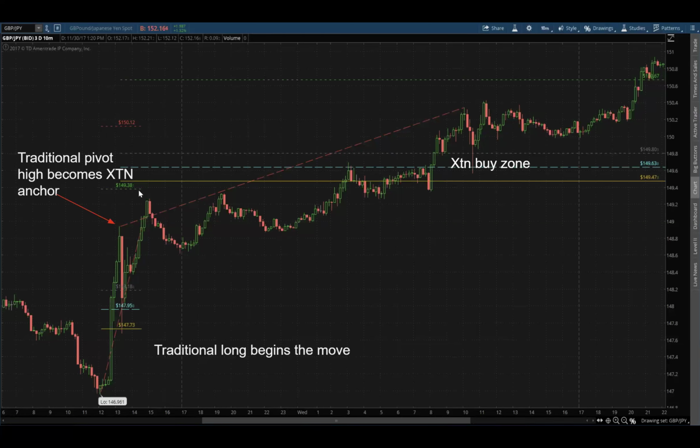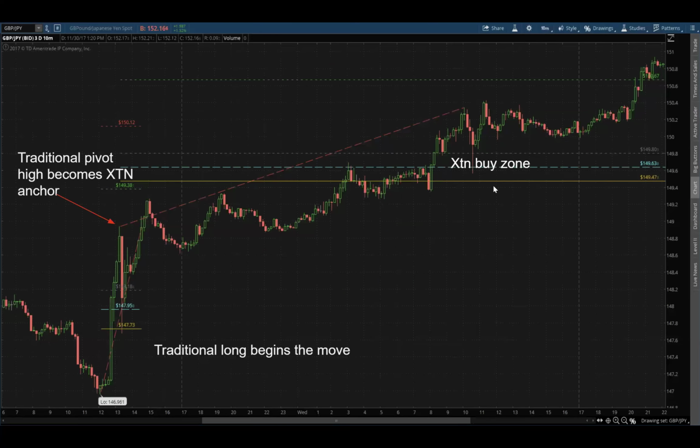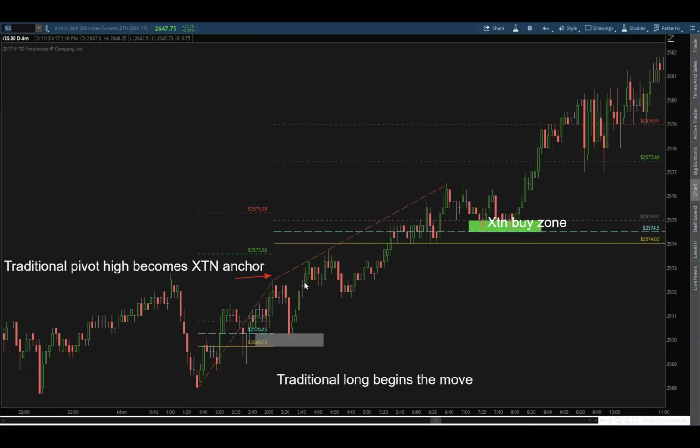This is a super fast traditional, so this must have been a news event. Whippy into an extension. That is what extensions look like when they trade. Traditional into an extension here. Okay, these are just examples. I can go over them all day long.